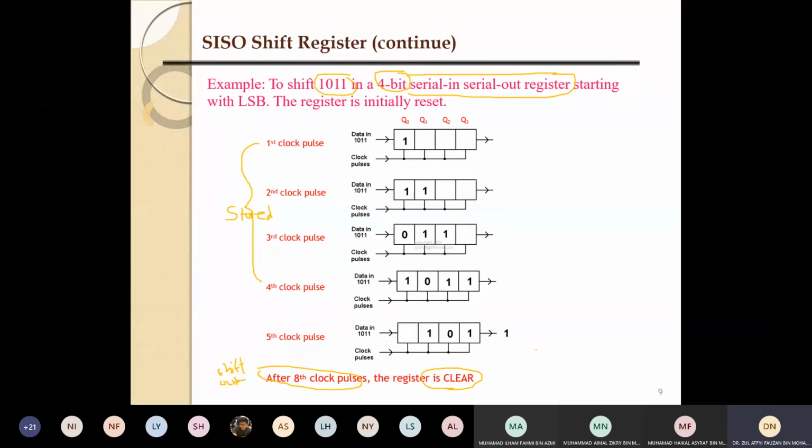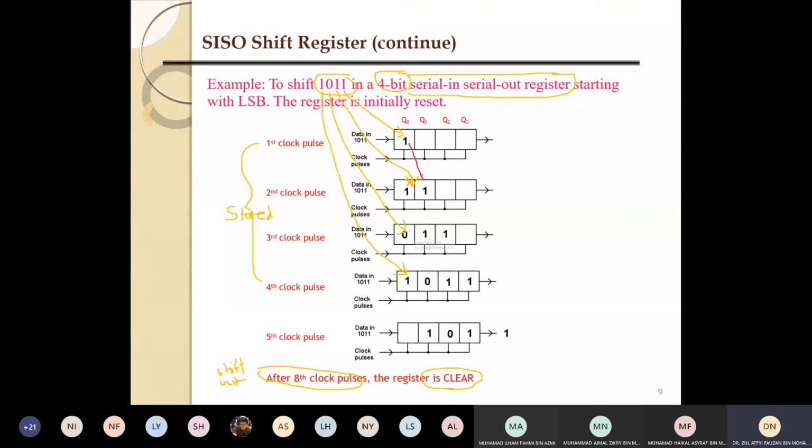Okay, so you can see this is how the 4-bit data is stored. Okay, this first input during first clock and second clock, sorry, this one. Okay, third clock and fourth clock here.